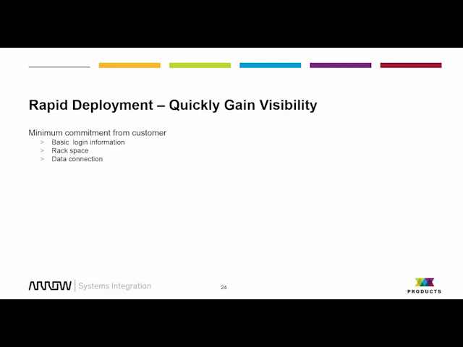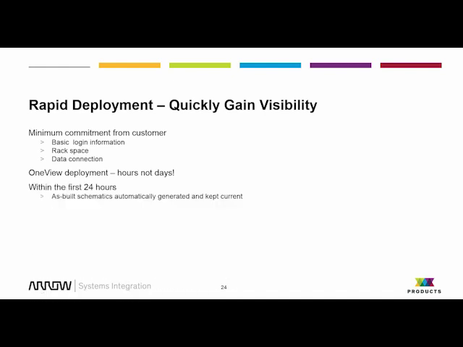Really very minimal commitment from the customer: some basic login information to their UC and CC infrastructure, some dedicated rack space for the server appliance, and lastly, a data connection. Once we had this information, the OneView deployment was completed in hours and not days. And again, this is leveraging the power of the cloud to get you up and running quickly.